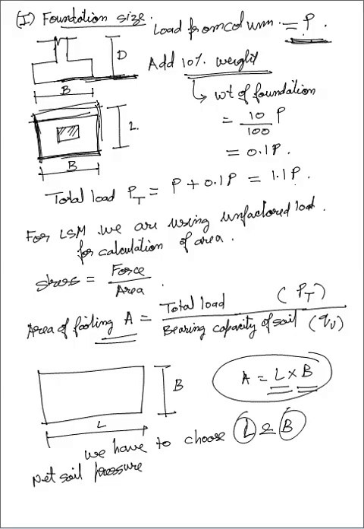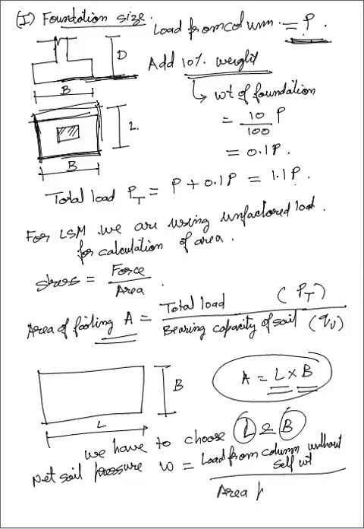So w, net soil pressure, is equal to load from column without self weight, divided by area provided.